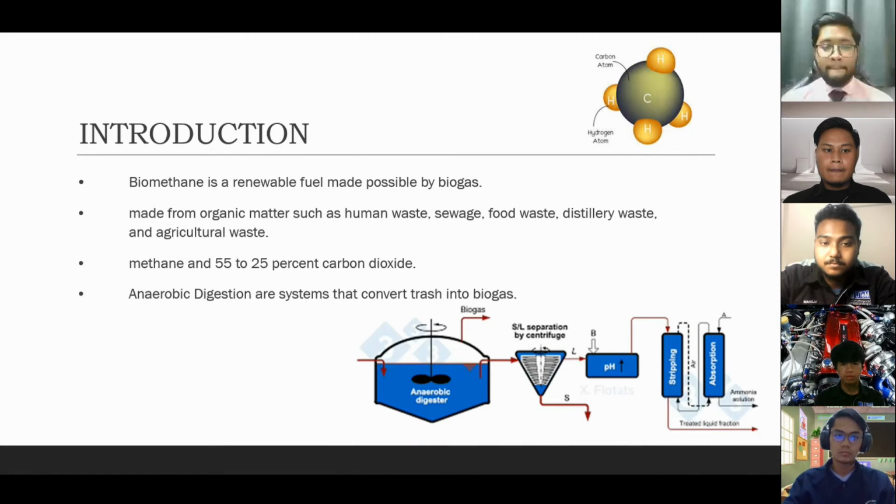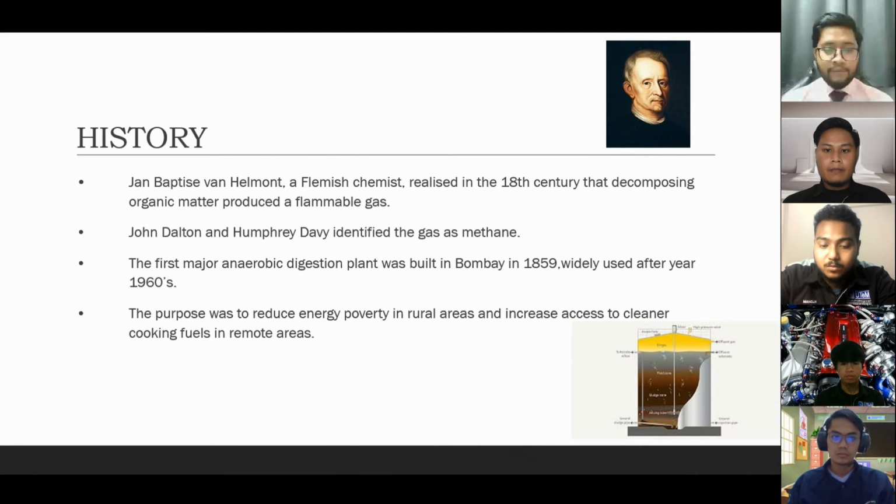Next, I'll explain more about the history, how biomethane is formed. First of all, Jean Baptiste van Helmont, a Flemish chemist, realized in the 18th century that decomposing organic matter produced a flammable gas. Later, John Dalton and Humphrey Davy identified the gas and named it methane.